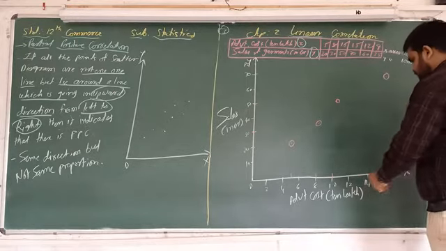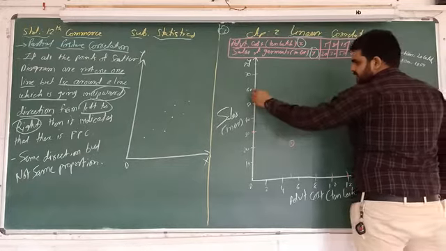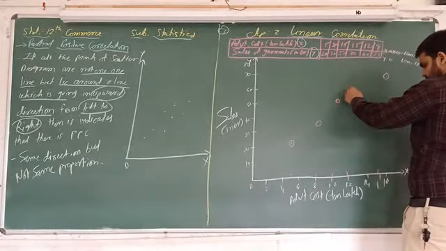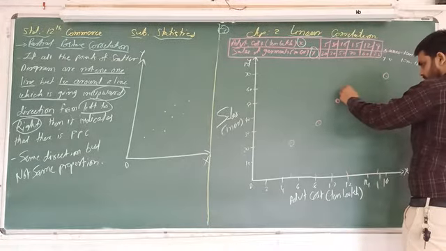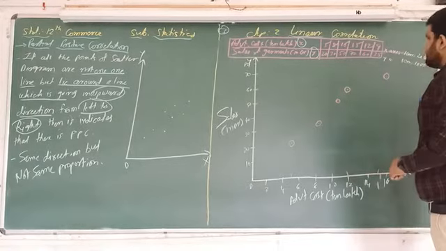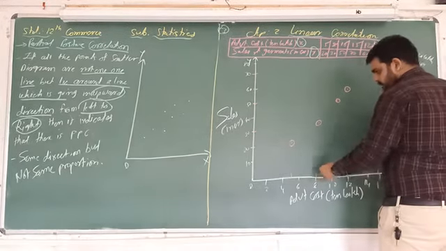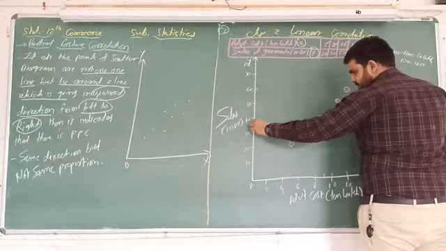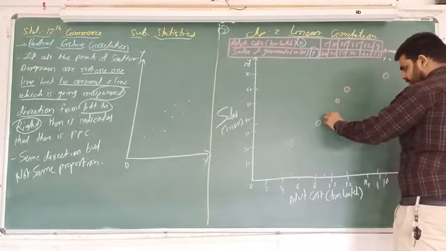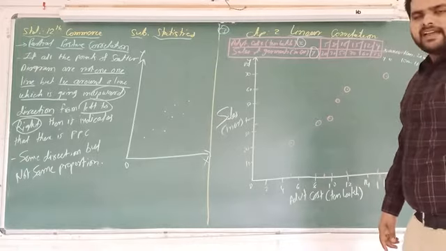Then 12 and 60: 12 on the x axis, 60 here. Then 9 and 35: here 9, here 35. So 9, 35 is here. This is our final diagram.